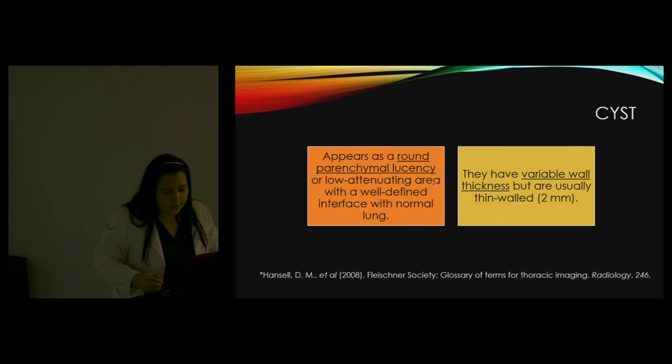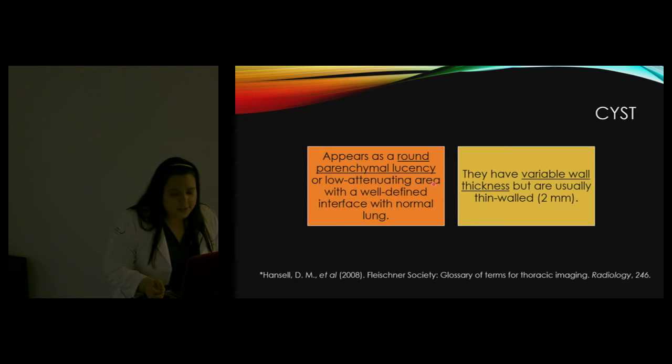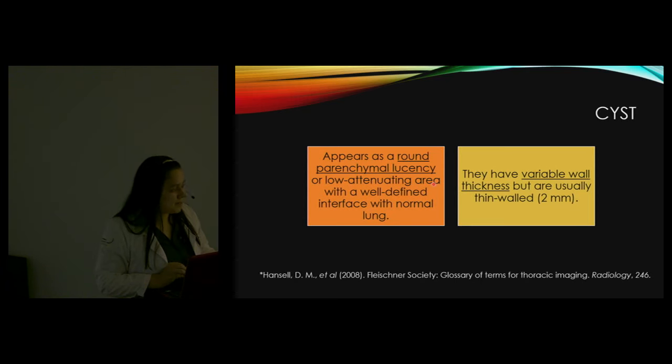So, as a diagnostic exercise, it's important for us to remember, first of all, the definition of a cyst. According to the Fleischner Society glossary, a cyst appears as a round parenchymal lucency, or a low attenuation area.